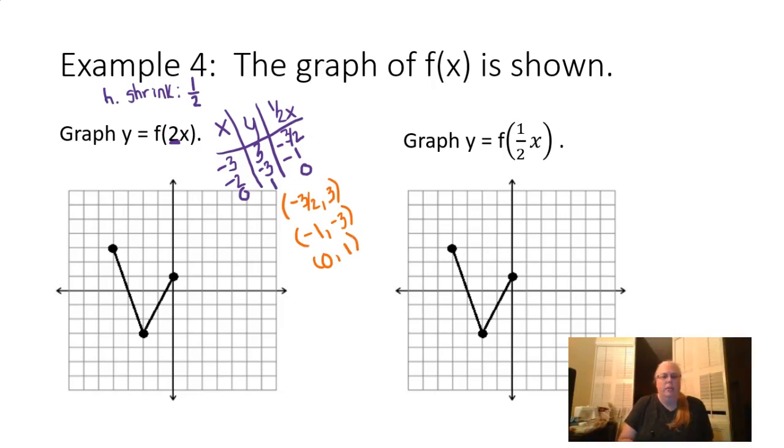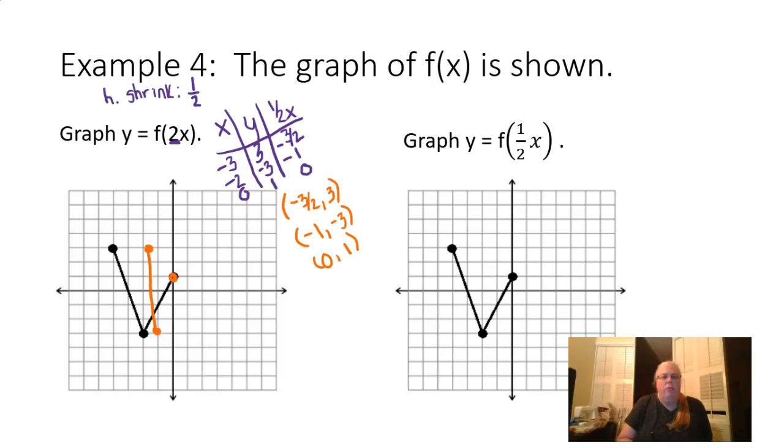Let's graph that. Right, so -1.5, +3, -1, -3, and then 0, 1 will be right here.